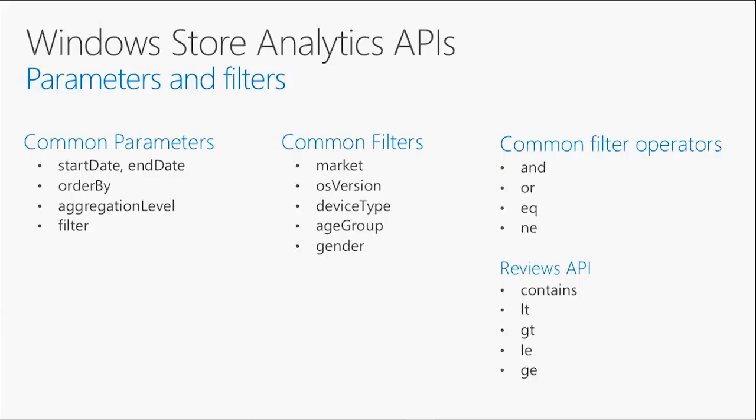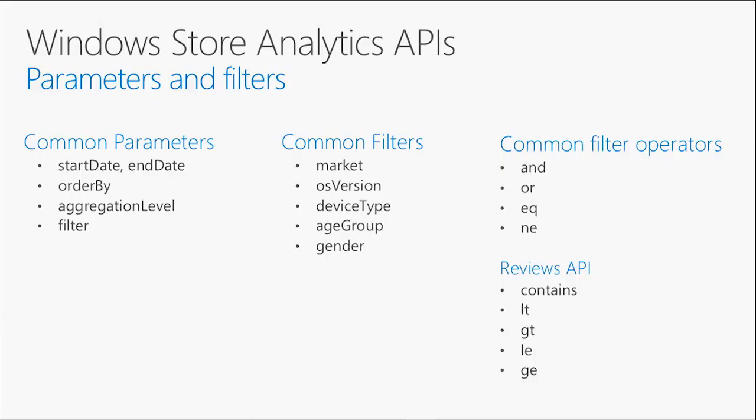You also get order by, which lets you sort your results by one or more columns, either ascending or descending. The aggregation level parameter lets you specify daily, weekly, or monthly aggregation. And the filter parameter lets you further refine your results by one of the filter fields that each API exposes.